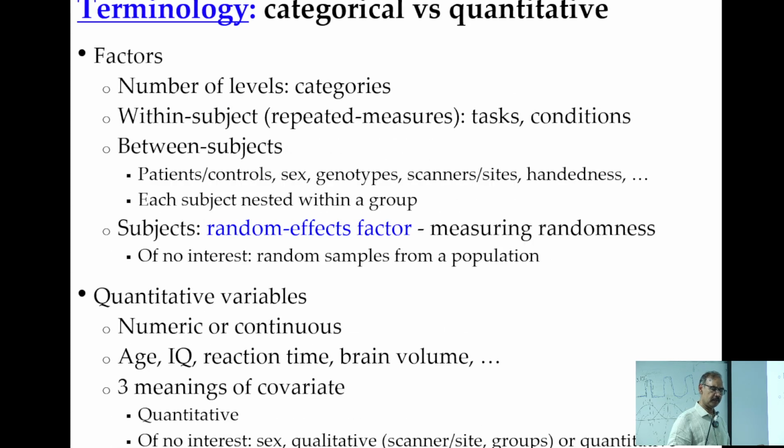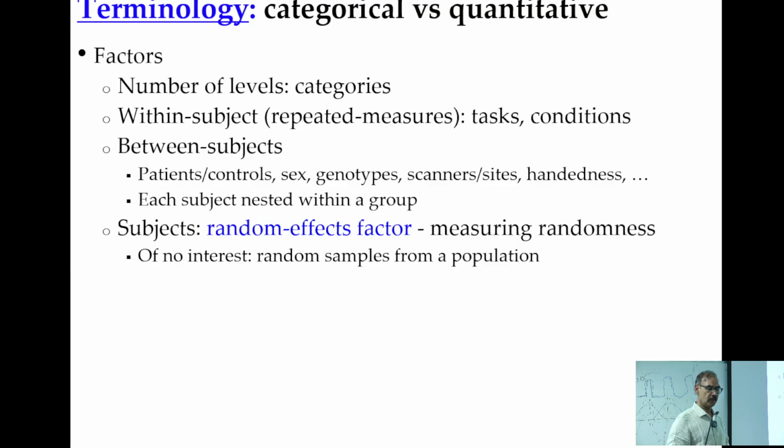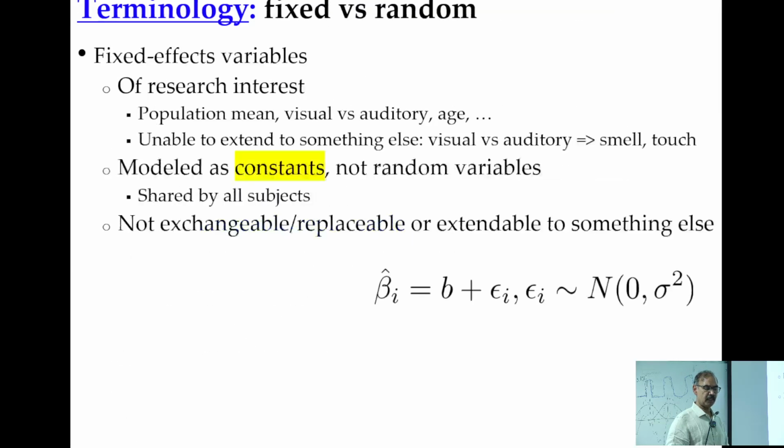Right. So just to reiterate, for fixed effect variables, it could be like population mean, visual versus auditory, age, right? Unable to extend to something else, like visual versus auditory, because what happens in visual versus auditory doesn't mean you can generalize it to what will happen for smell or for a motor task, right?